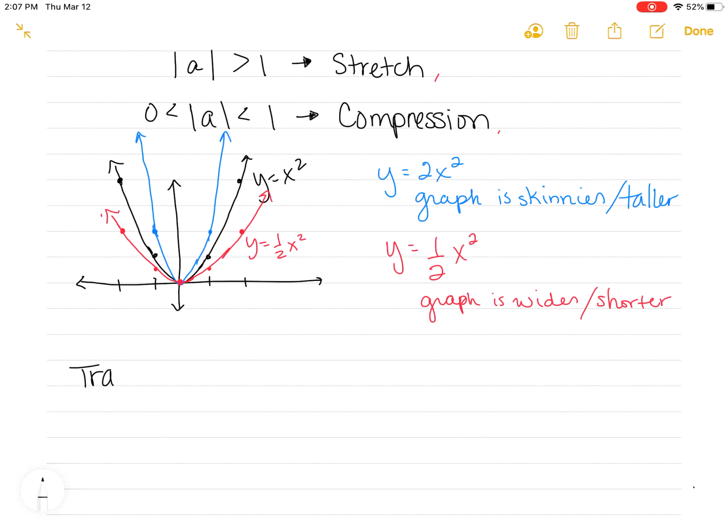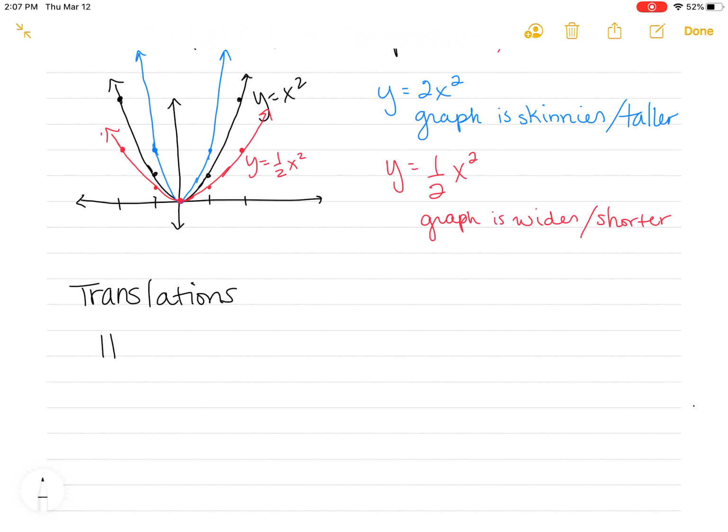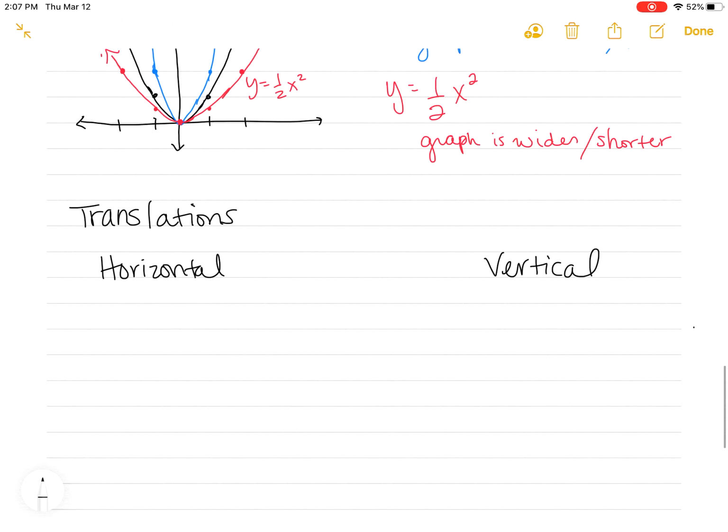And then the other transformations that we looked at were translations. There are two: there's horizontal and there's vertical. The horizontal ones are the ones that move it left or right. Remember that we had a rule that said that x's are deceptive. Our x's lie to us, so we have to remember that.